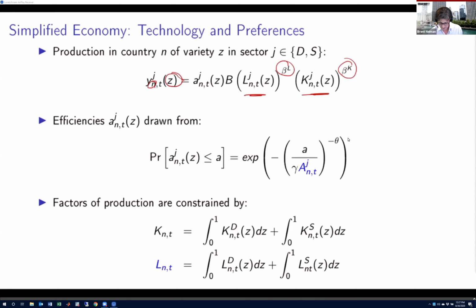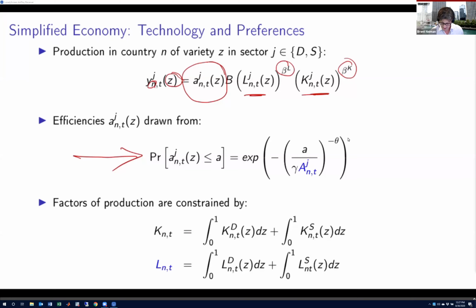Now, the productivity term, this is just a Hicks-neutral productivity term here, A, is going to be drawn from a Frechet distribution. That's what's shown here. So for those of you that know the Eaton-Kortum model, that have studied trade, this is the magic, or part of the magic, posing the productivity distribution in this particular way.